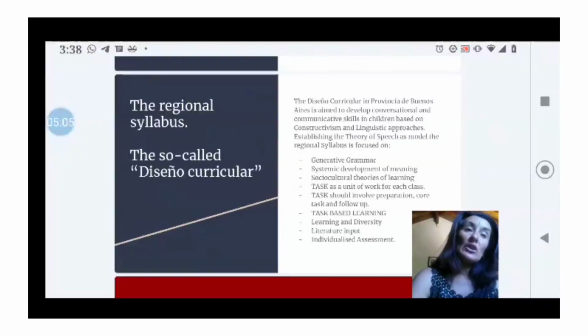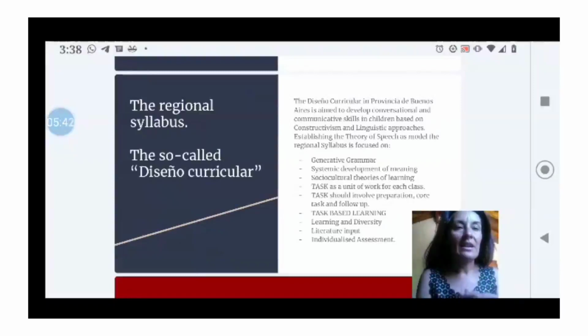The theory of speech is also the central kern of the teaching, and these special topics that I am going to mention: generative grammar, systemic development of meaning, sociocultural theories of learning. This is the most in our curriculum: task as a unit of work for each class. Task should involve preparation, core tasks, and follow-ups. So I will stop here.